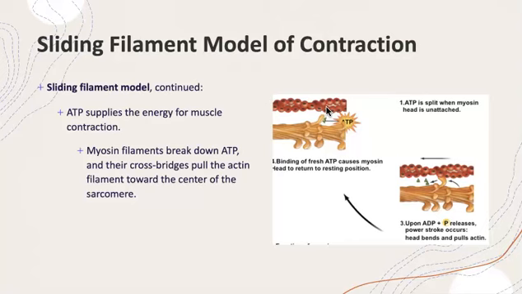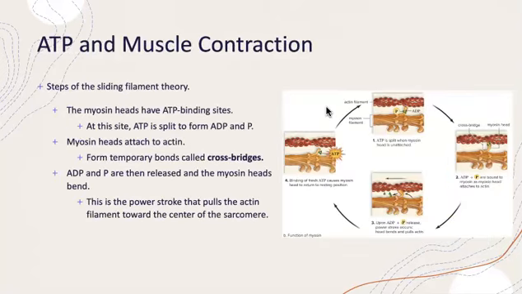So let's go through the cycle of how that takes place. So first, we are going to have ATP split when the myosin head is unattached. So it's moving back down, and it splits into ADP and inorganic phosphate.